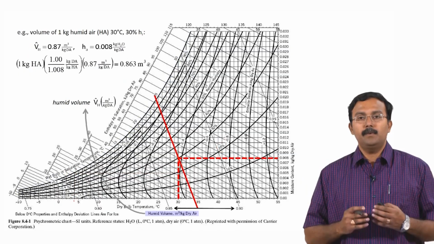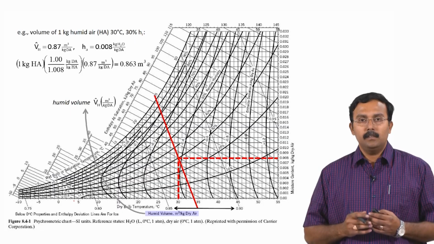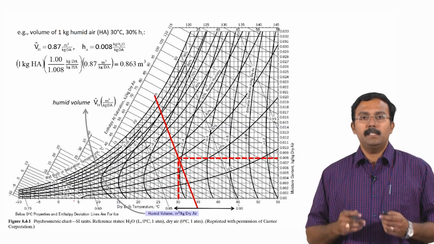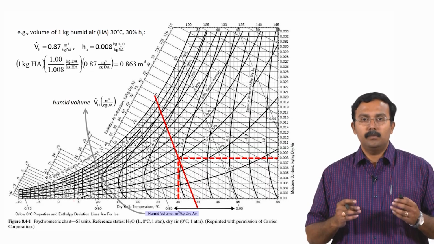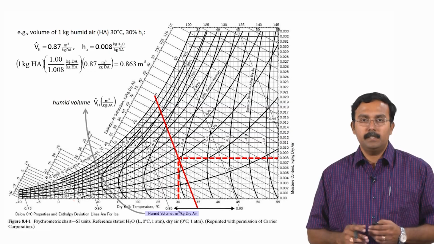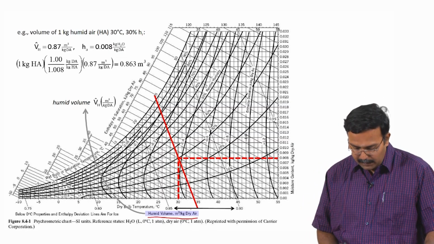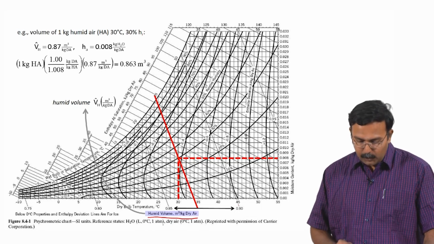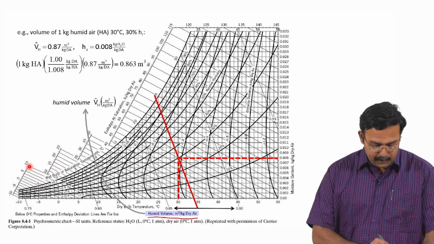The next information which you have from this cross plotted chart is the humid volume. What is a humid volume? Humid volume is basically the volume occupied by humid air. So, how do we find humid volume from this curve? Along this particular x axis you have another set of lines.